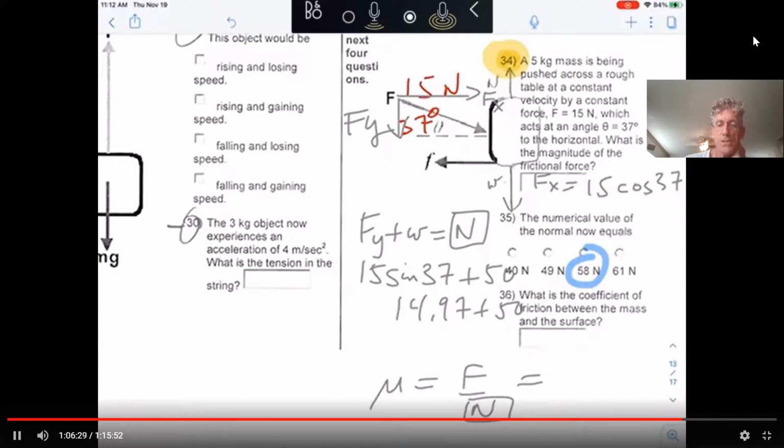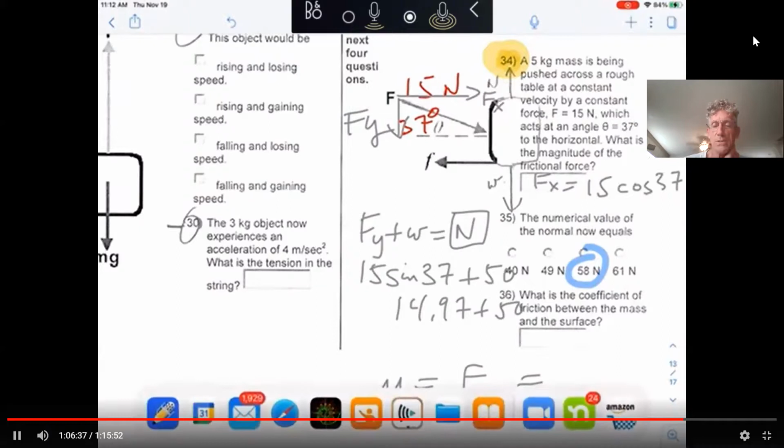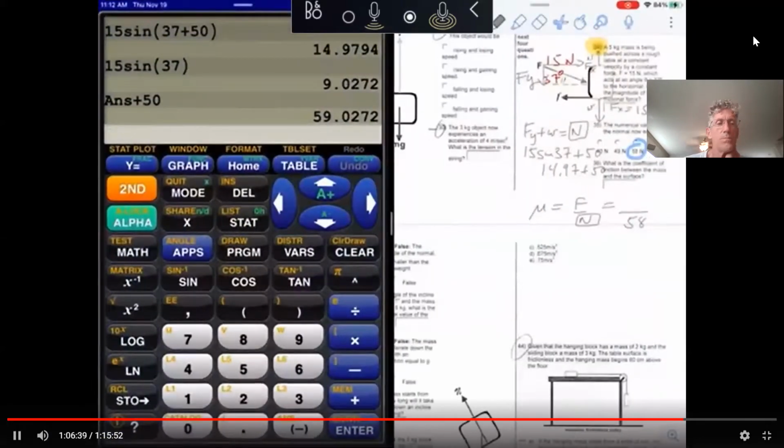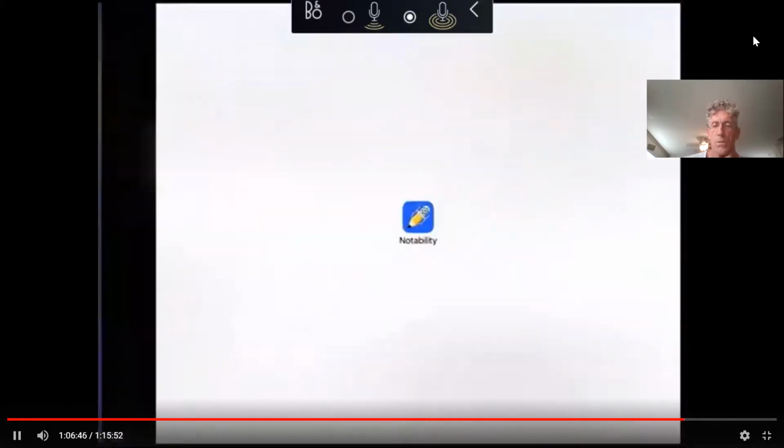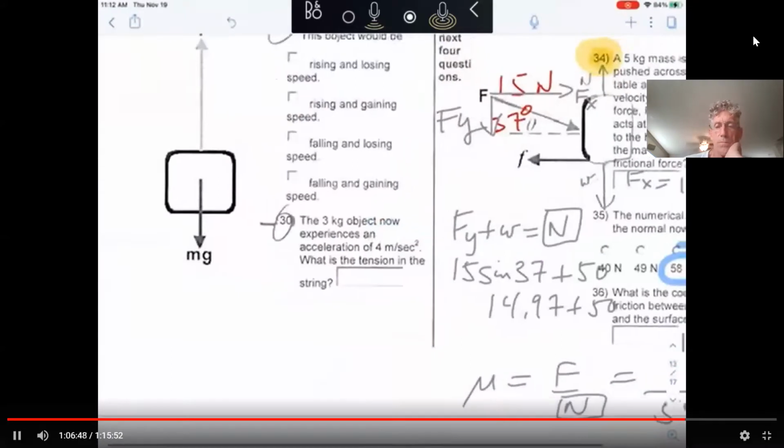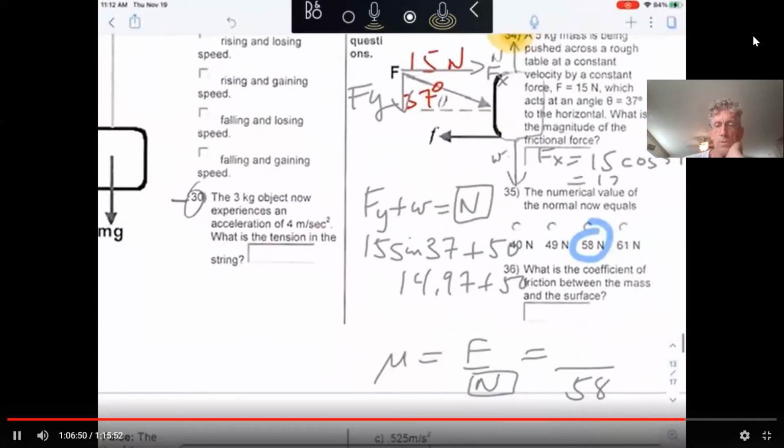Okay, so the coefficient of friction is the friction over the normal force. Friction is whatever 15 cosine of 37 is. So friction is equal to Fx, like we said before.